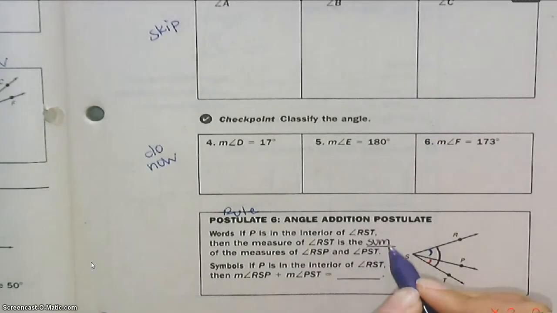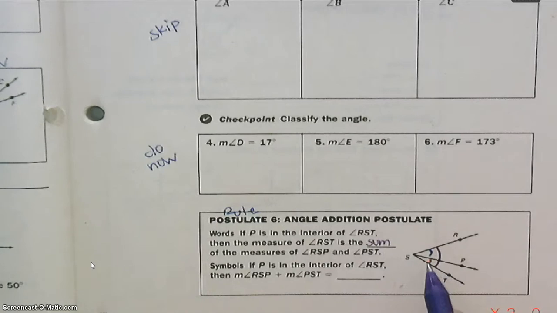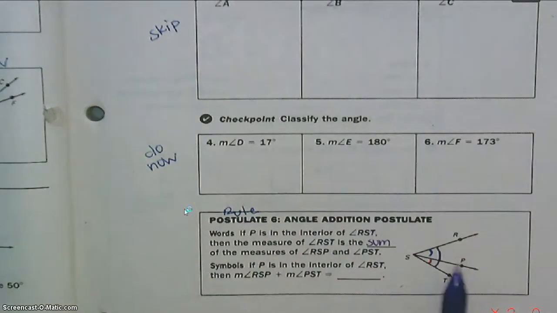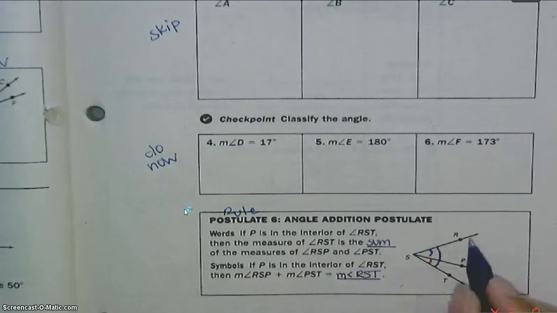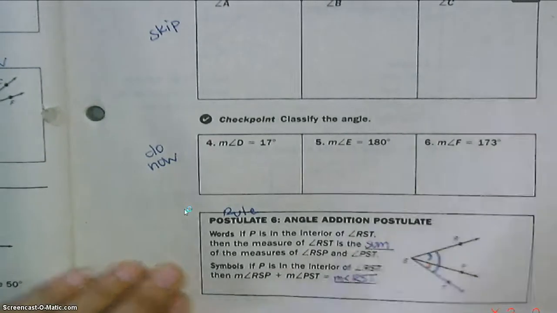We're going to do small angle plus small angle equals the whole angle. So small angle is RSP. The other small angle is PST. And then the large angle, the measure of angle RST. That's the large angle. All right, last page.